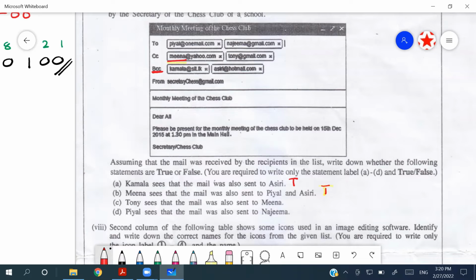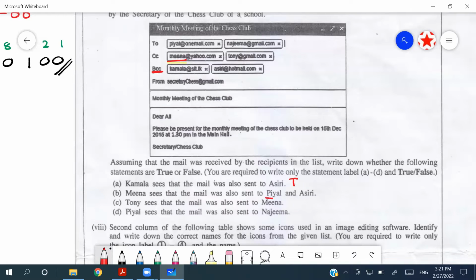Right, then Tony sees that the mail was also sent to Meena. Oh, hold on. The second one has a problem. Meena sees that the mail was also sent to Priyal and Asiri.